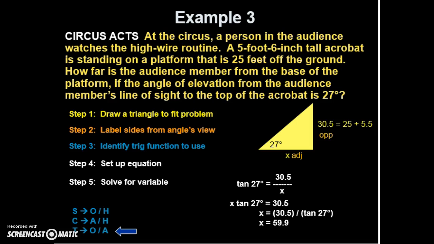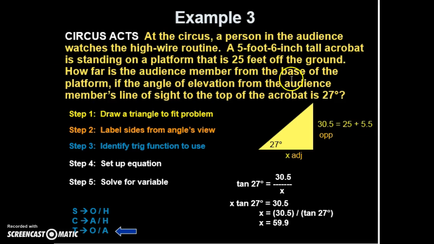At the circus, a person in the audience watches the high wire routine. A 5-foot 6-inch tall acrobat is standing on a platform that is 25 feet off the ground. So we have the platform and the acrobat, and 5 foot 6 inches is 5.5 feet.